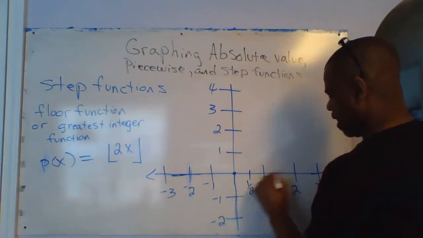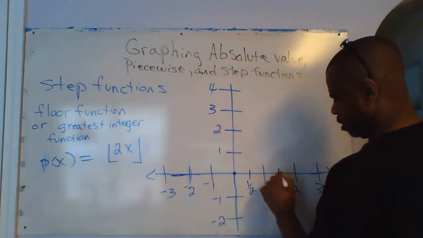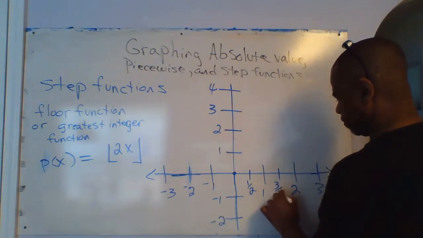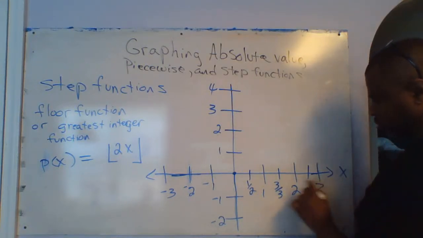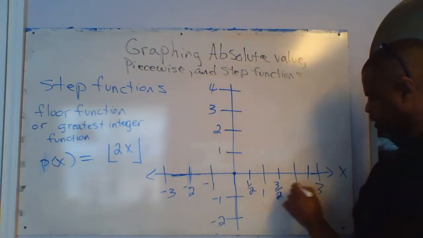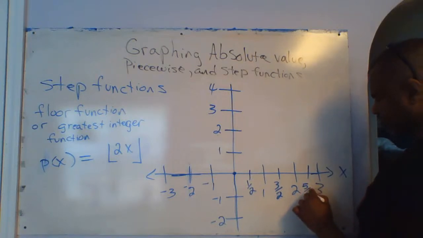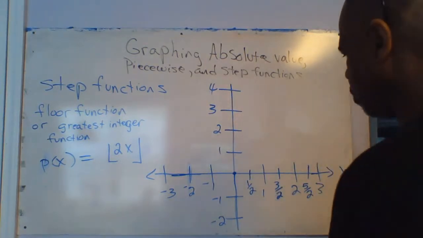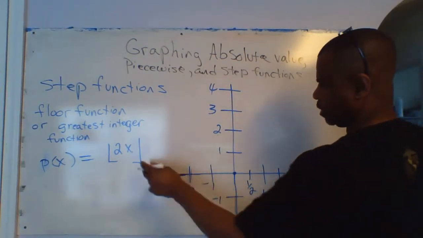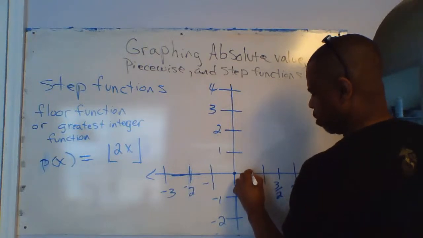So this would be 1/2. This would be 3/2. And this would be, I'm sorry, what? 5/2. All right. Since this is my ceiling, I'm going to open this up.